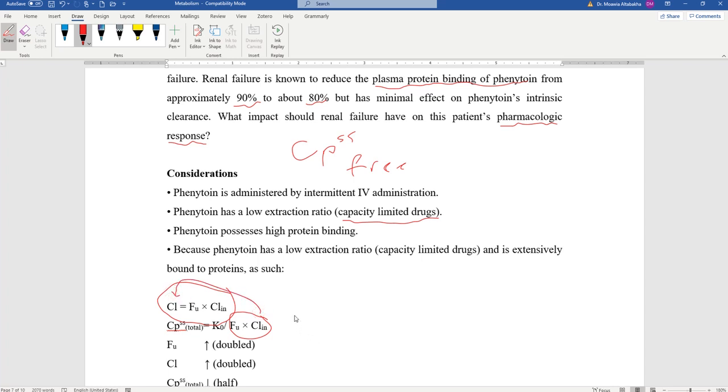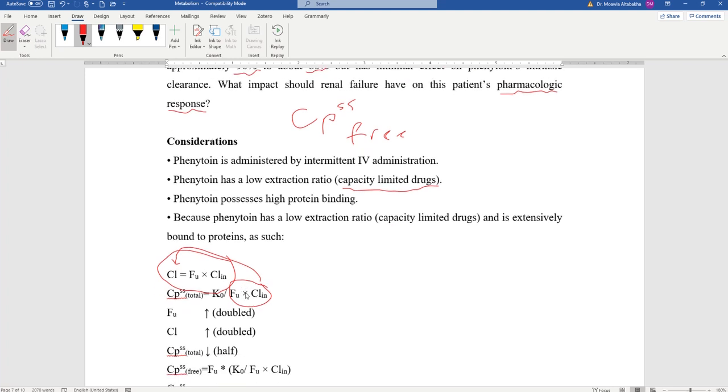Okay. Since this doubled, what happens to the clearance? It will double, and when this doubles, what happens to the CPSS? It becomes half, approximately 50% of the original.